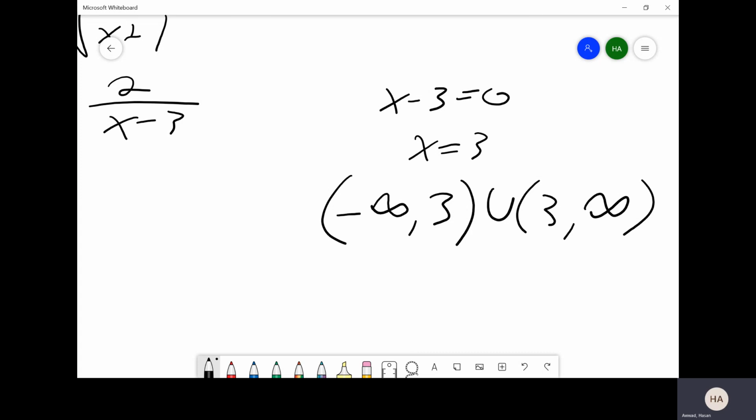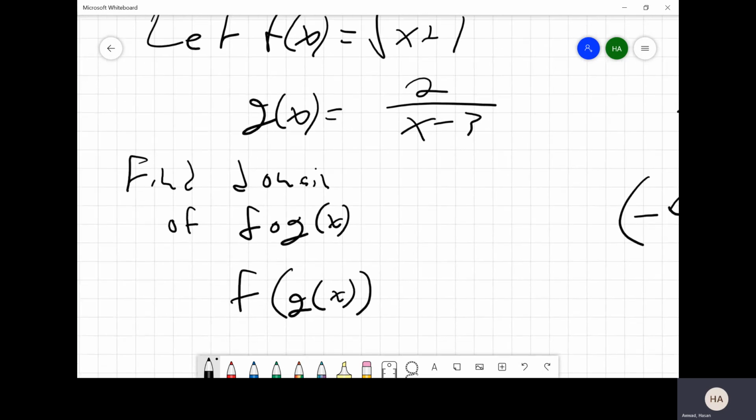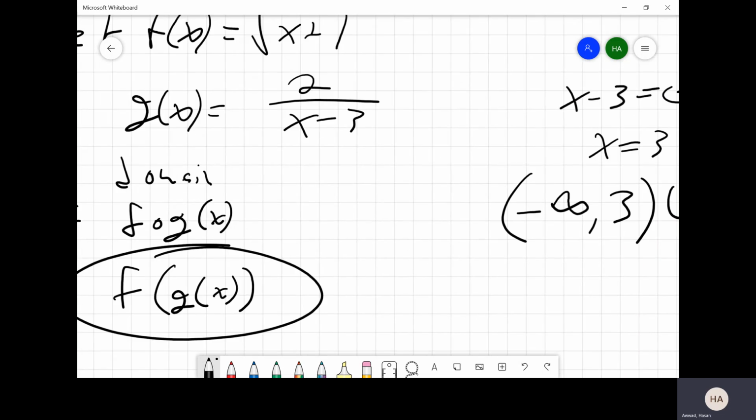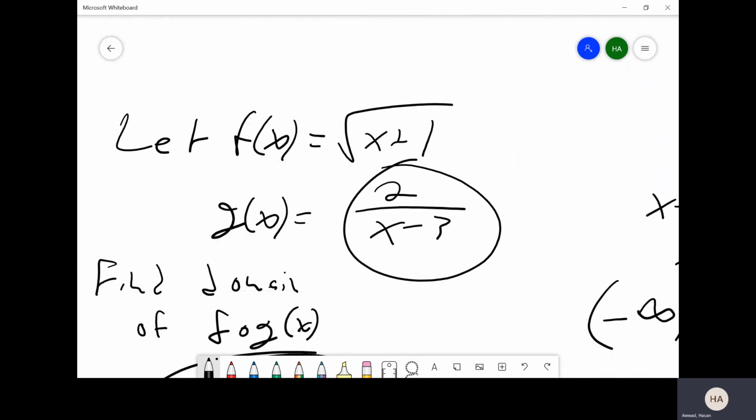Okay, great. So we've now gotten the first step. We found the domain of the inner function. The next step that we have to do is we actually have to do the composition itself. So what I mean by that is we have to do this piece here. We have to take our function, g of x, and actually plug it in as an input to f of x. So what is this going to look like? Well, g of x is this piece right here, right? 2 over x minus 3.